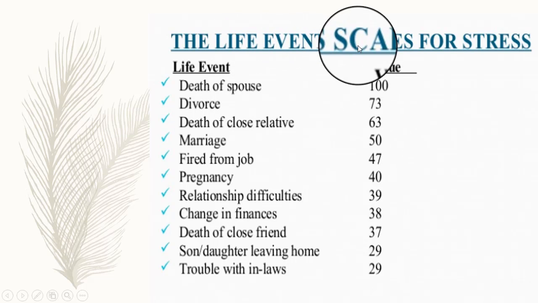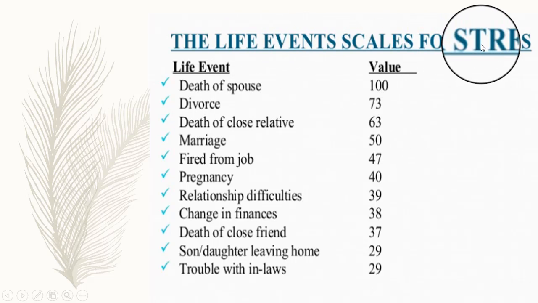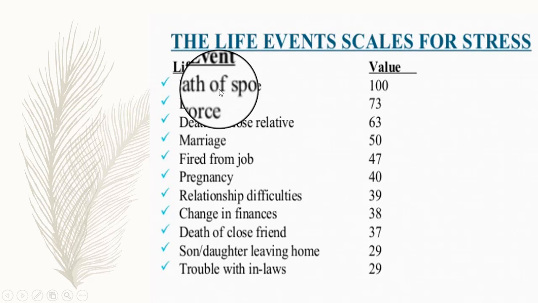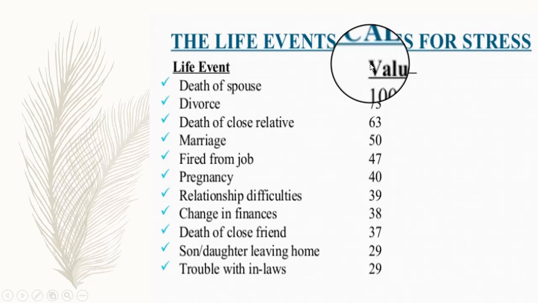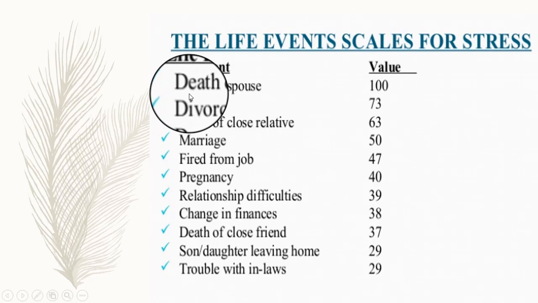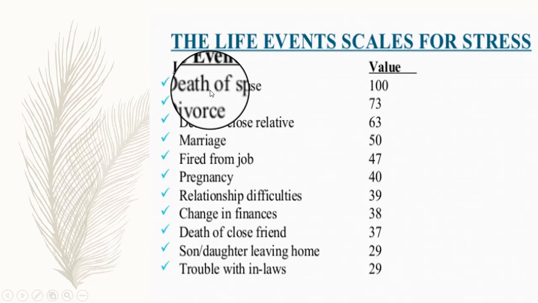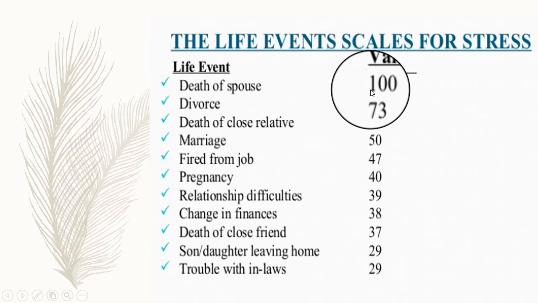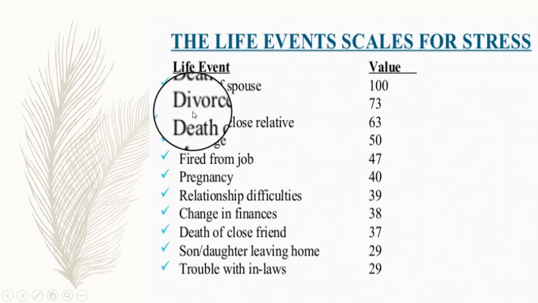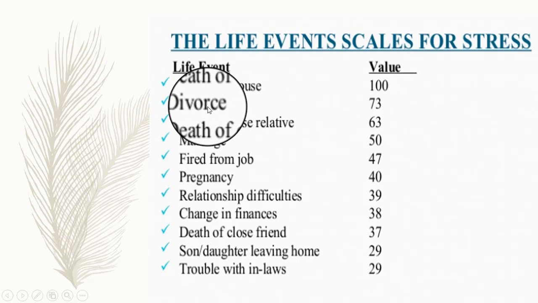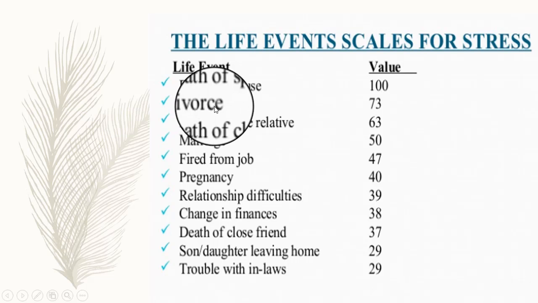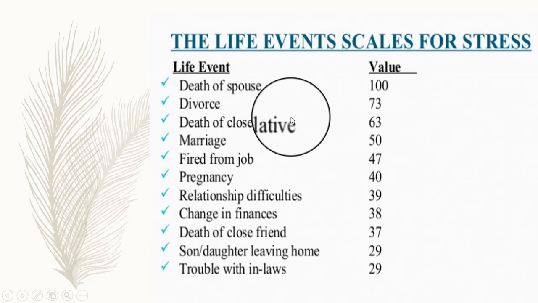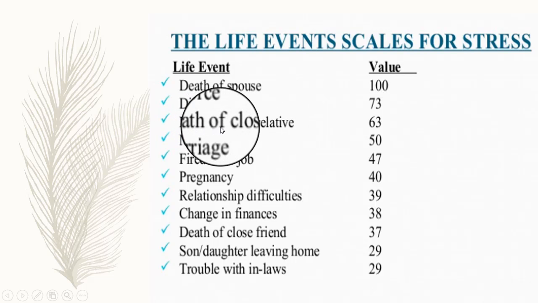Here, as you can see, we have provided the life event scales for stress. Life events like death of a spouse and their values. If a lady suffers the death of her spouse, she will have 100% stress. Second, if a person has recently had a divorce, they will suffer 73% stress.